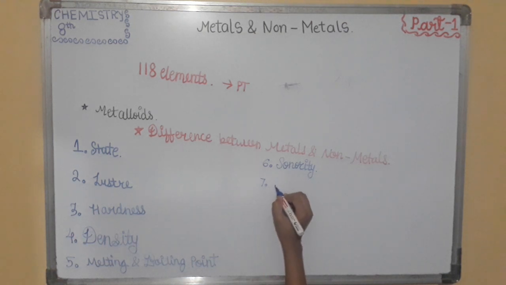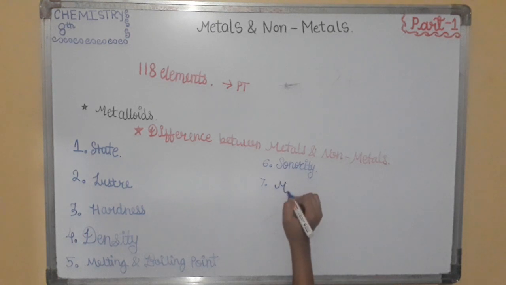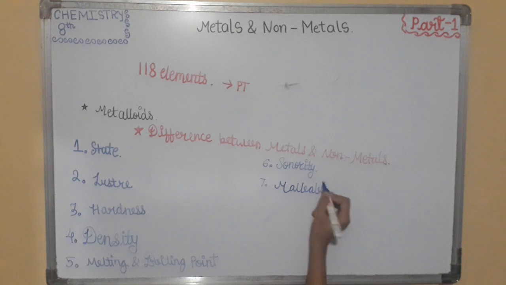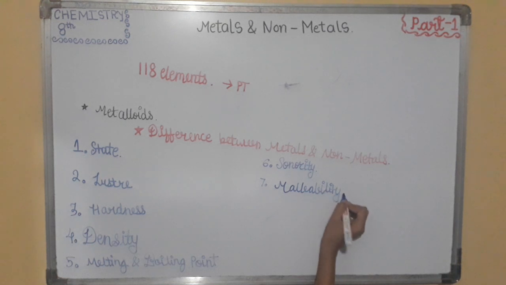Seventh is malleability. Malleability means ability to mold into shapes without breaking. In metals, they are generally malleable. Example, silver and gold, they are highly malleable.